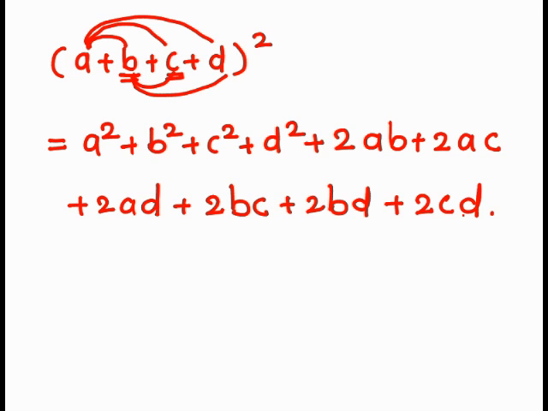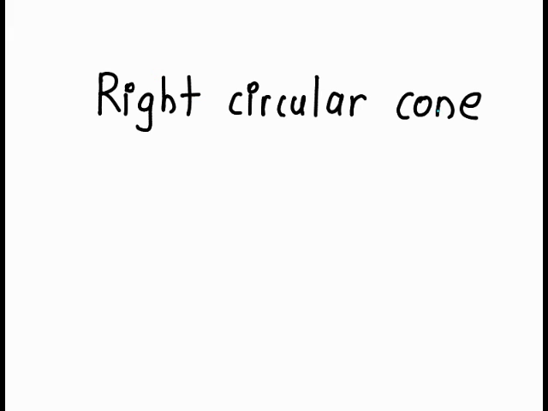Now we start. What is a right circular cone? What are the basic things, terminology or the terms of the right circular cone? Now what is a right circular cone? So we understand one by one. First of all, the basic thing we require is the vertex of that cone.